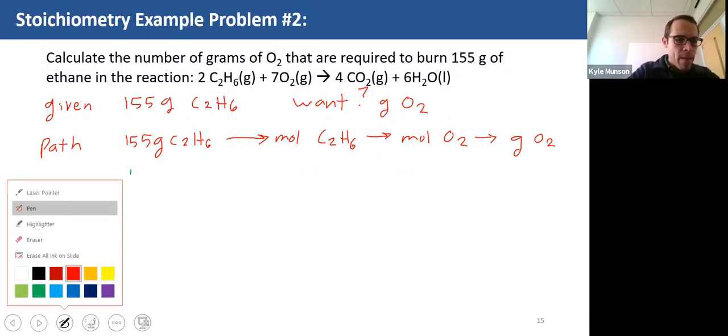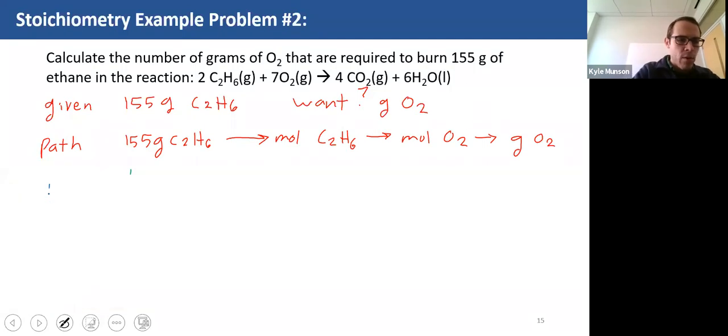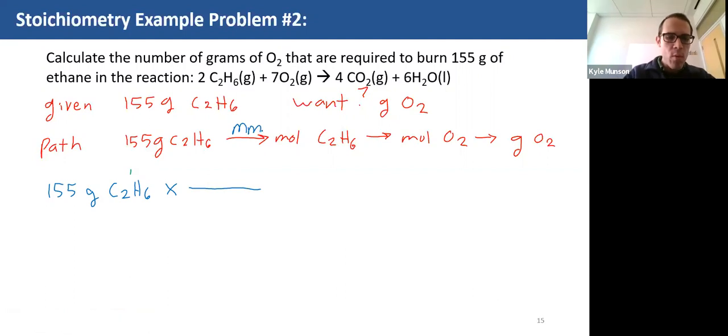Changing my color, I'll start over here so we have more room. 155 grams of C2H6, ethane. To go to moles of ethane, I need the molar mass of ethane. My pen was taken off for some reason; that's because I have a mouse plugged in on the other side.